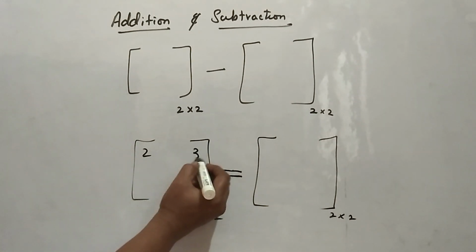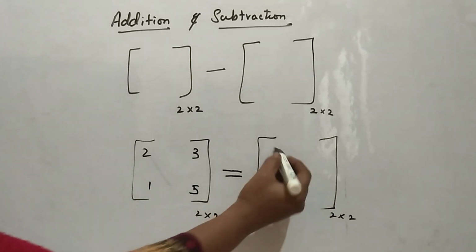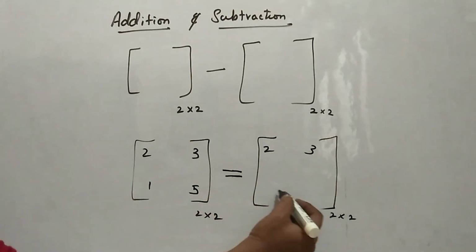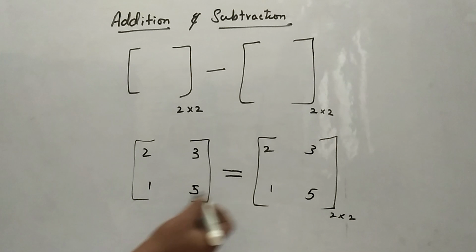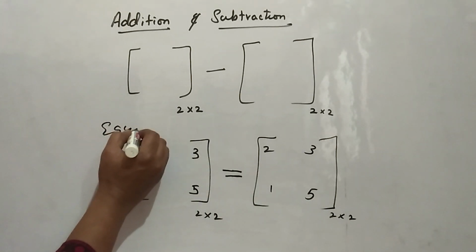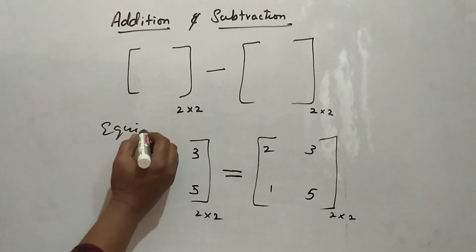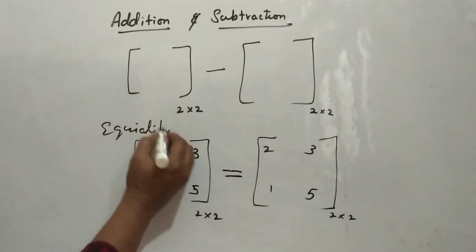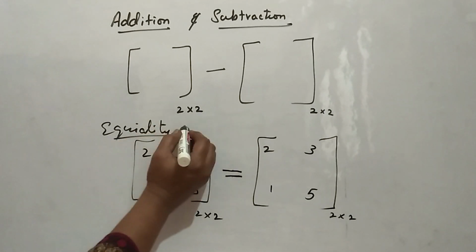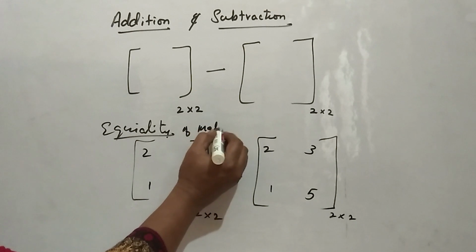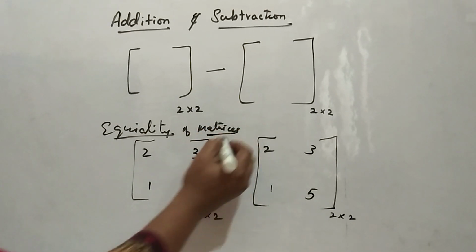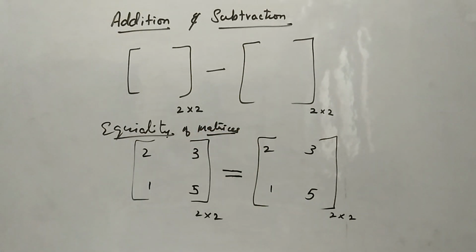See, 2, 3, 1, 5 and this one also 2, 3, 1, 5. Then we can apply equality. Okay, equality of matrices. Clear?